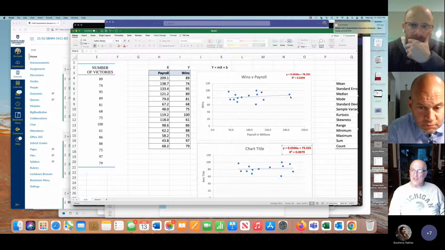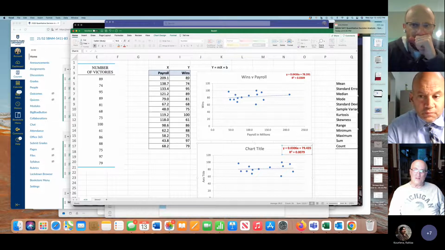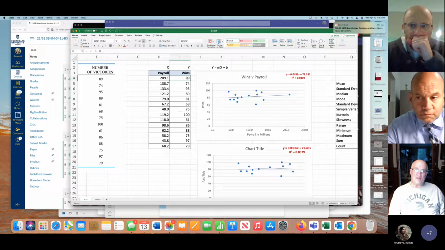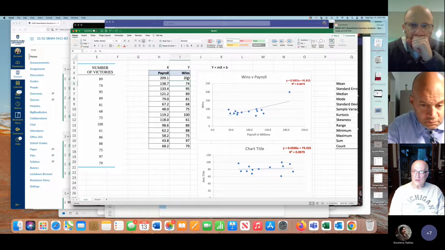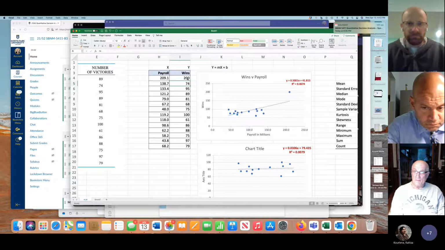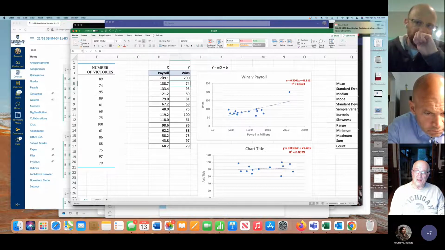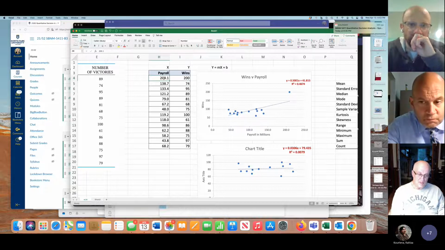See how this data point pulled the data further? If I was to make the Yankees have 200 wins, it makes the line go up even further. Let's say they paid $300 million.